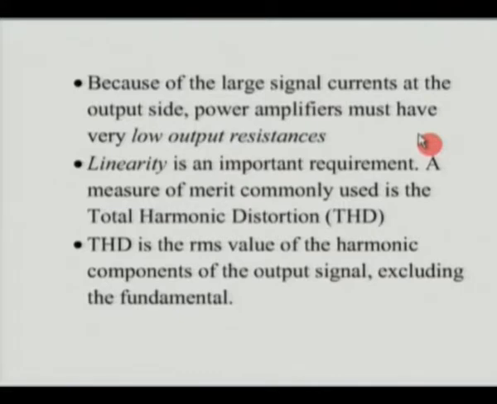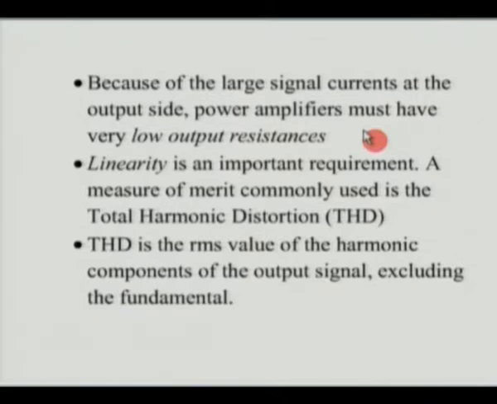Now because we are talking about large signal currents at the output side, power amplifiers must have very low output resistance. So this is definitely easy to understand. Whenever we have to drive a lot of current, we need to ensure that the source resistance is very small.